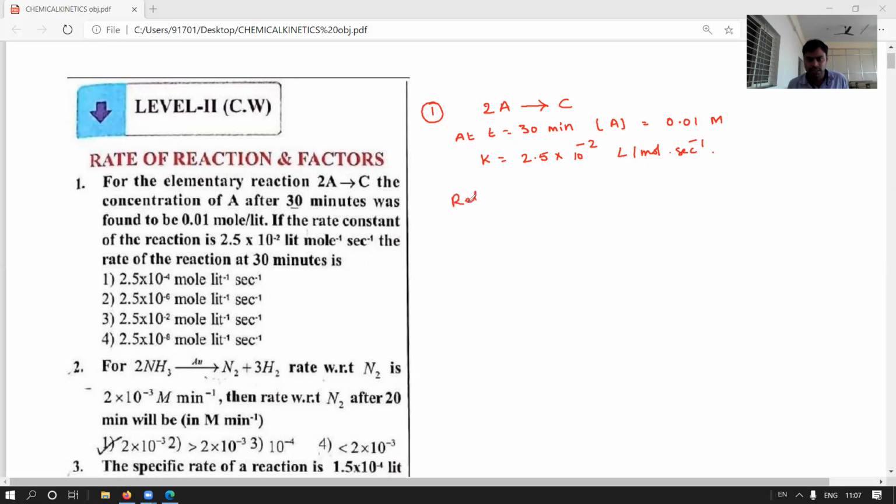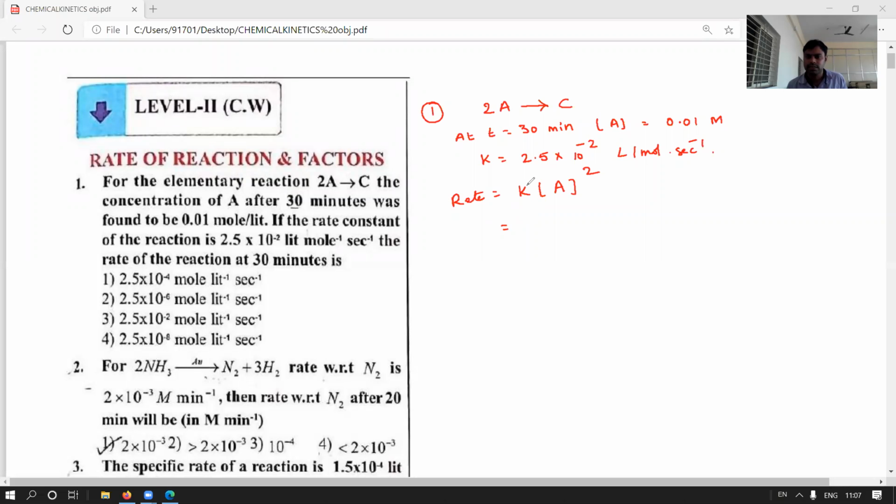For this reaction, the rate is equal to k into concentration of A whole square. From the rate law, the rate is directly proportional to the concentration of reactant. The power is 2. For elementary reactions, the number of moles of reactant is equal to its order. Then the rate is equal to k into concentration of A whole square.